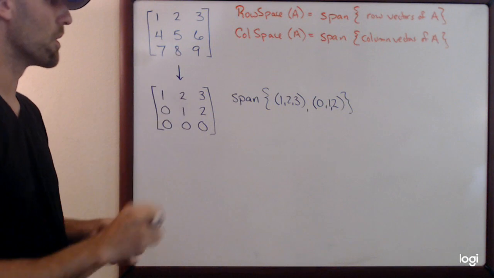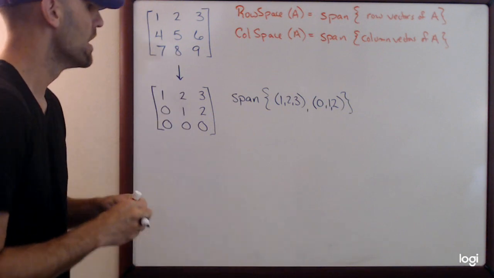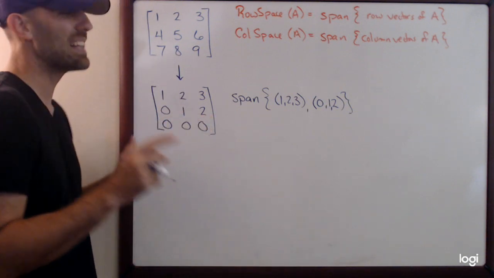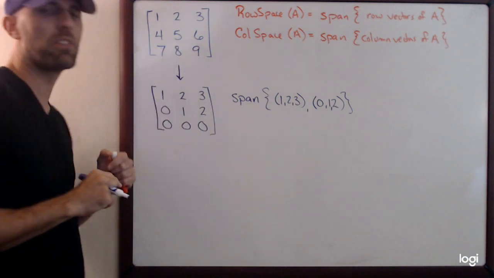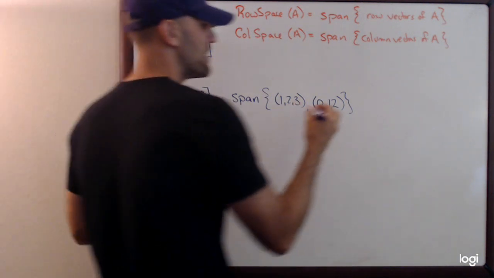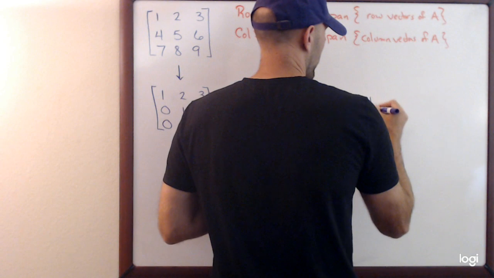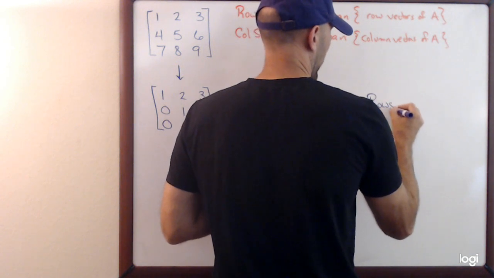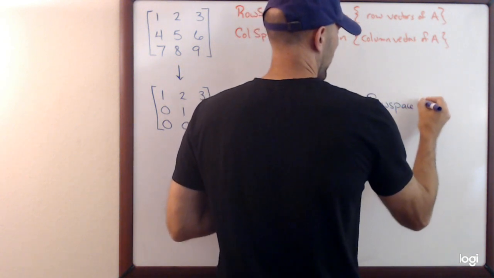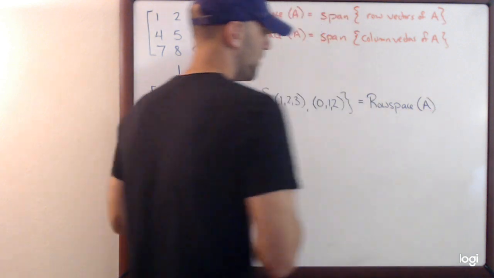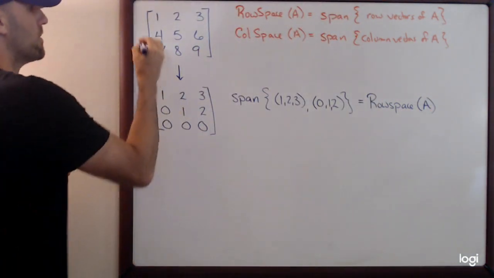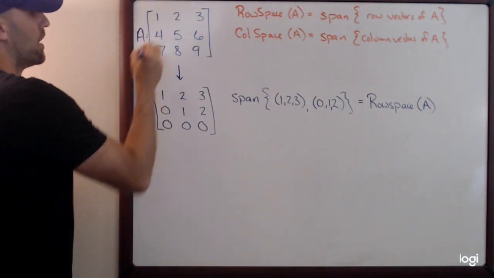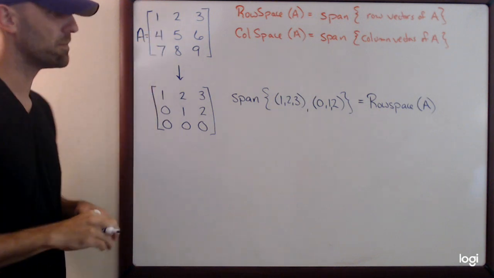If you have extra zero rows, those are irrelevant. So this row space is the span of these, but that's the same as the row space of the original matrix. So this is the row space of A. Isn't that easy? It's pretty easy, isn't it?